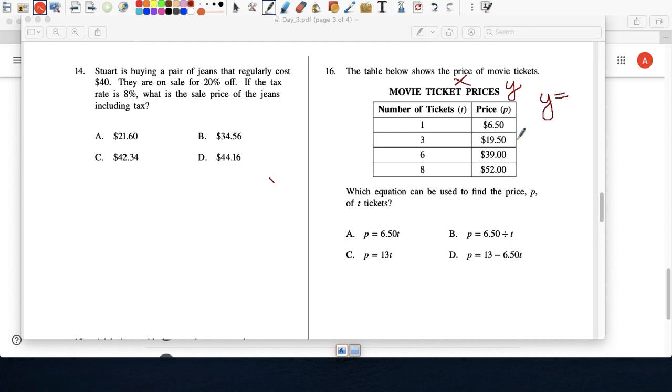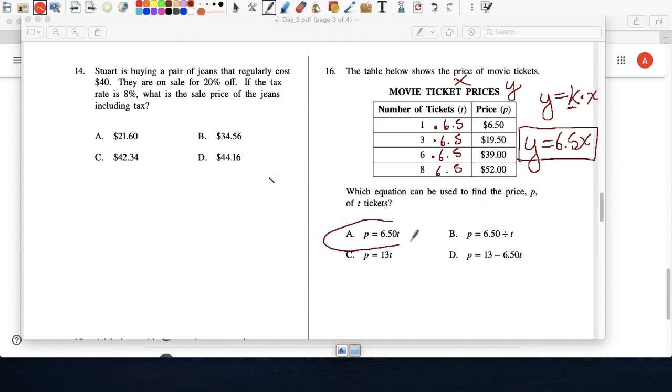The equation for a proportional relationship is y equals k times x, with k being this multiplier, our unit rate. 1 times 6.50 equals 6.50. 3 times 6.50 equals 19.50. 6 times 6.50 equals 39. 8 times 6.50, and notice that 6.50 is the unit rate. So our equation is simply p equals 6.50 times t. Anything that looks like that. Instead of y and x, they use p and t.